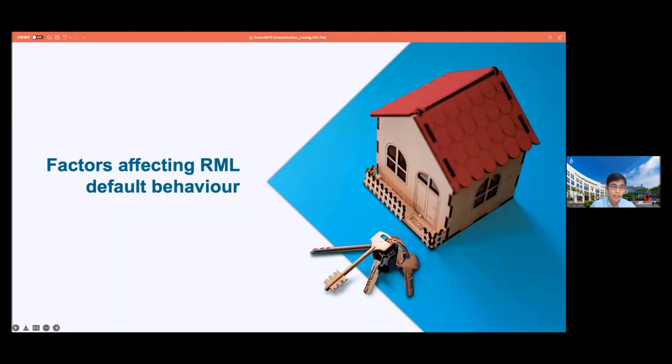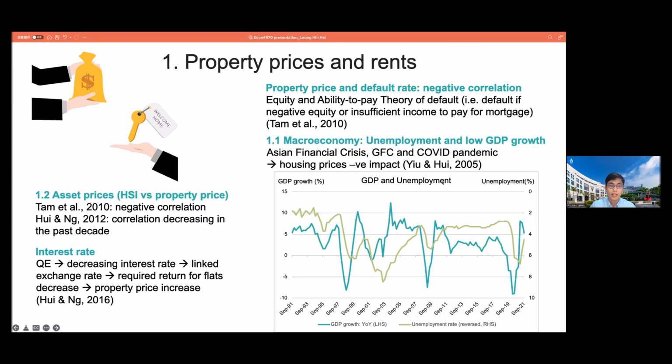Here are some factors affecting residential mortgage loan default behaviors. The first one, which a lot of research has provided insights on, is the relationship between the property price and the default rate.